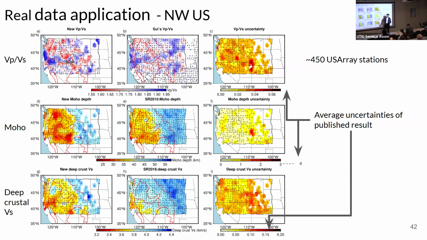The frank answer is we have not done that work. It was not our intention to do the geodynamics implications right away. The first thing is to make sure our data was fit. But we do see some interesting signal. For example, if you look at the northern Basin and Range, in our previous generation model we already saw a thinner Moho, although the topography is about 1 to 2 kilometers. But the new model is even thinner. If we are supporting the same topography with an even thinner crust, there's an implication for the mantle dynamics there.